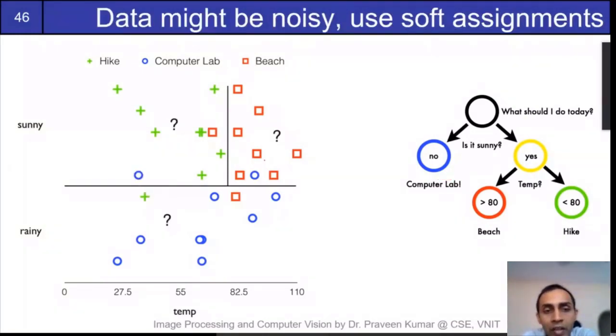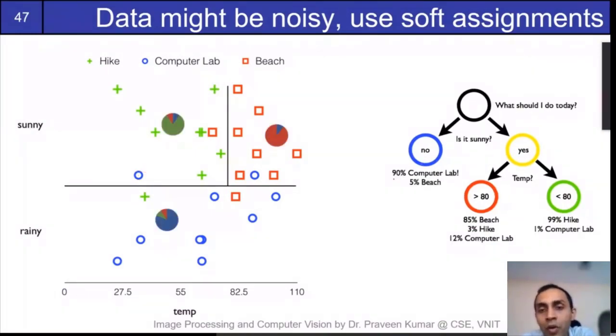Sometimes there may be noise in the data, as we said. The data may not be so clear, it may not have a clear boundary. So this point ideally should have been here, but it goes here. These red points come here, and these green points come here. So there will be some noise along the boundaries. So you may not want to do this hard assignment. Instead of doing this hard assignment, you may go for some probabilistic assignment.